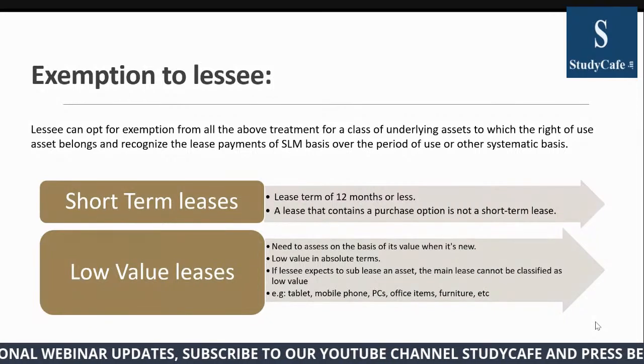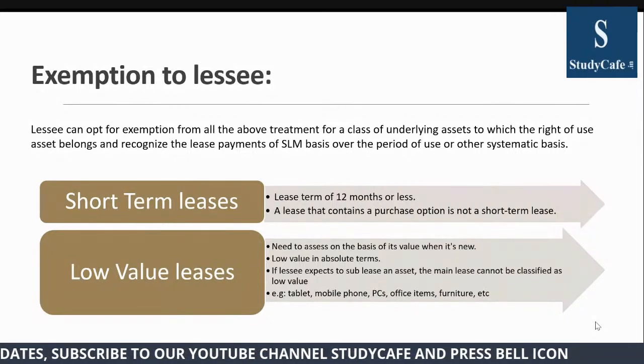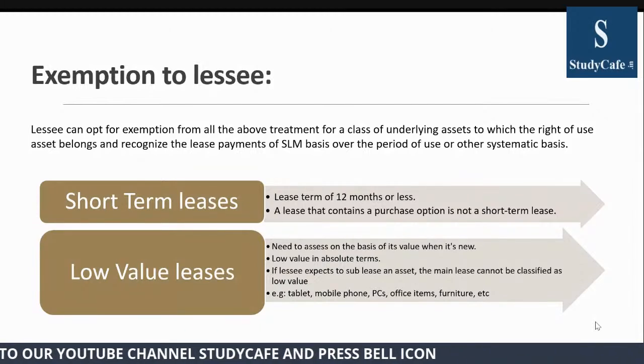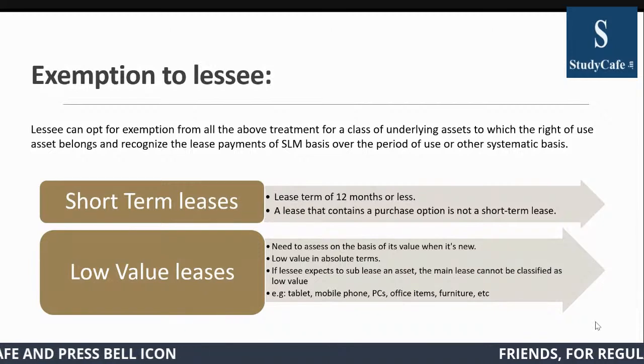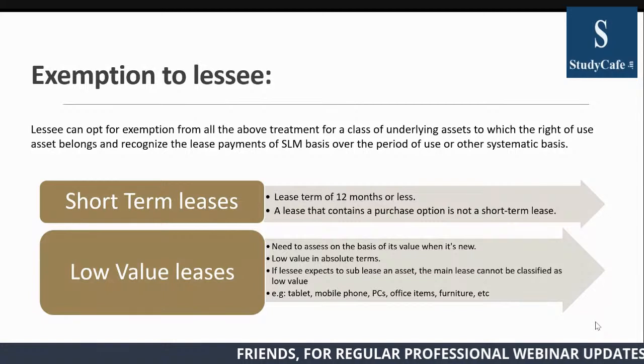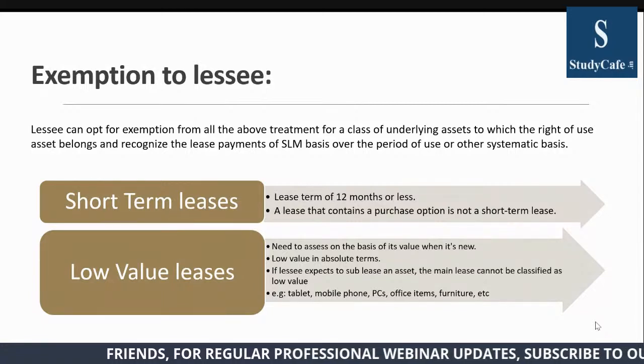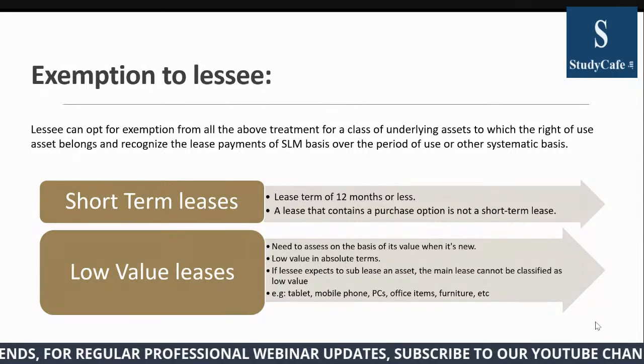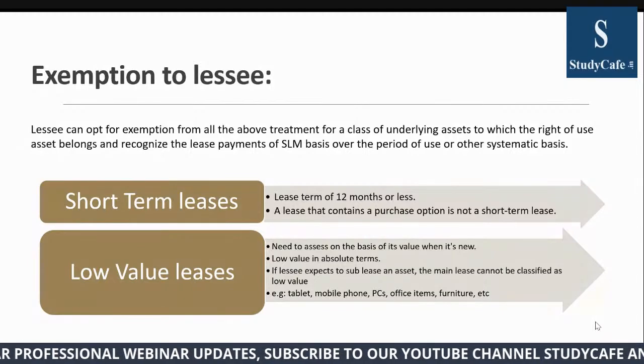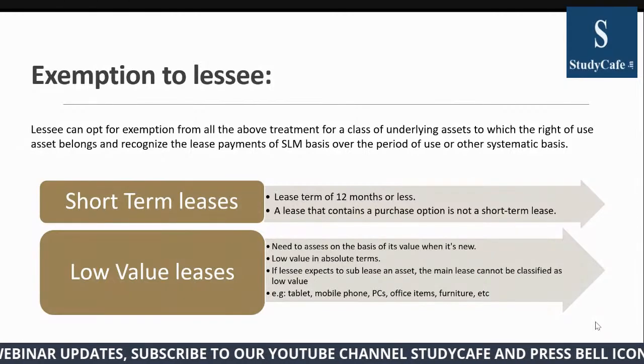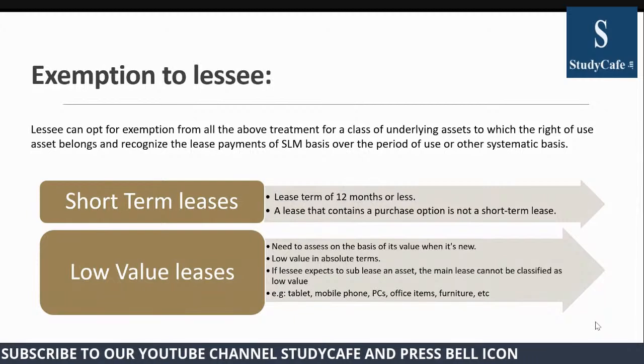We have to assess the value of the asset when it was new. So suppose I have taken a car on lease, and that car is a second hand car. When I take a second hand car, the value is obviously lesser than what it would have been had the car been new, right? So I need to check the value as if the car were new.